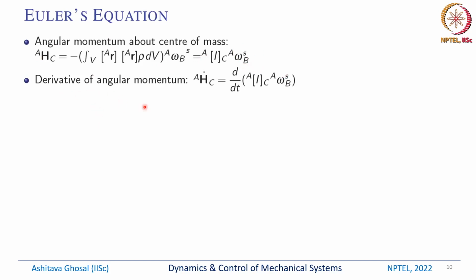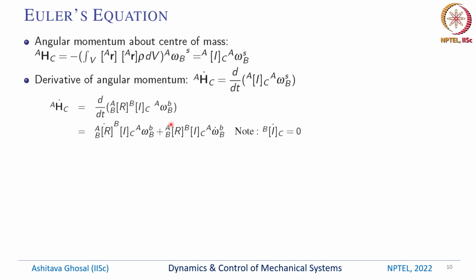If you take the derivative of this angular momentum, AHC, which is the derivative of both of these, you can use the chain rule. This derivative of AIC into A omega can be written in two ways. One is we can go back to A omega B and pre-multiply by a rotation matrix to get A omega B in the body fixed coordinate system. And then AIC can be converted to the body fixed as ABR BIC into ABR transpose.